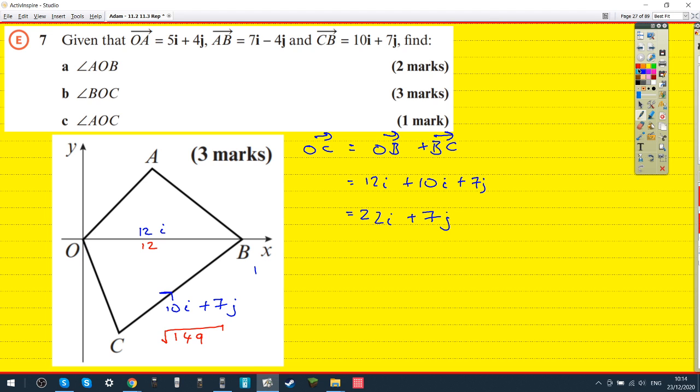And then you do the square root of 22 squared plus 7 squared, which gives you square root of 533. That's it.